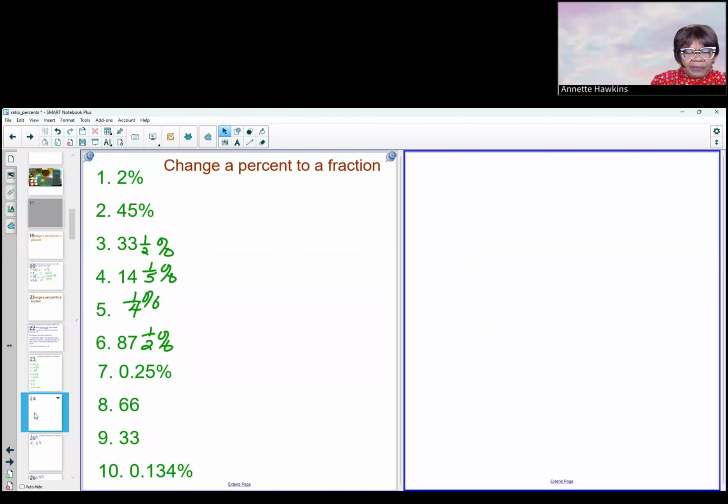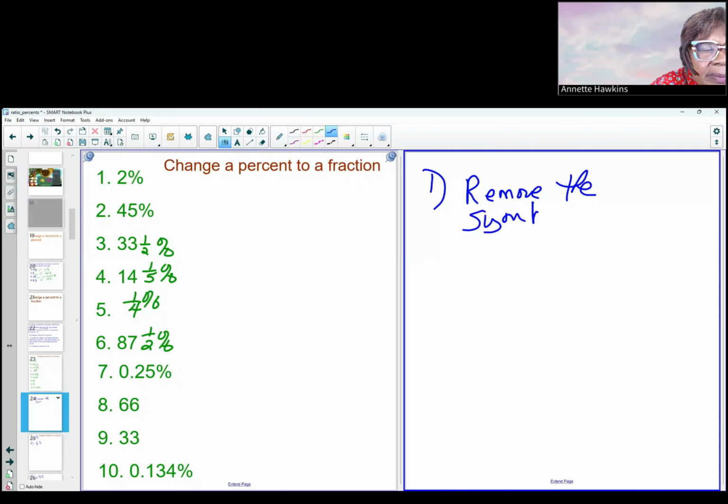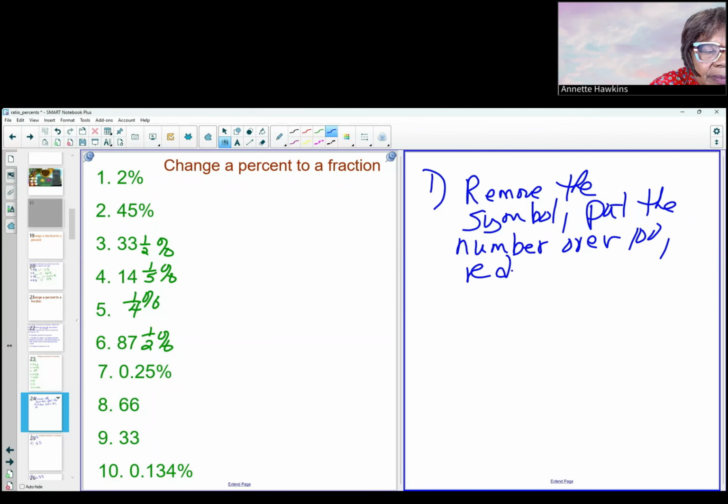All right. So to change a percent to a fraction, we were told remove the symbol, put the number over 100, and then reduce.